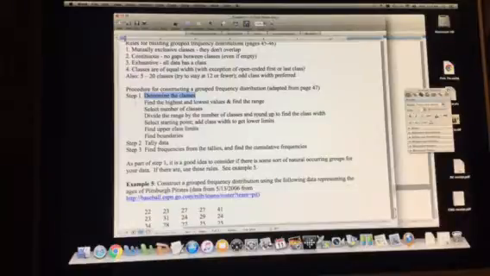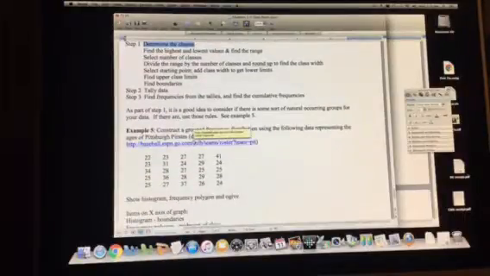And to do that, we're going to look at the highest and lowest values and compute the range. We have to select a number of classes. We have to figure out how wide the class will be. Then we have to go through, set up the limits and boundaries, tally the data, and then find the frequencies and build our cumulative frequency graph.